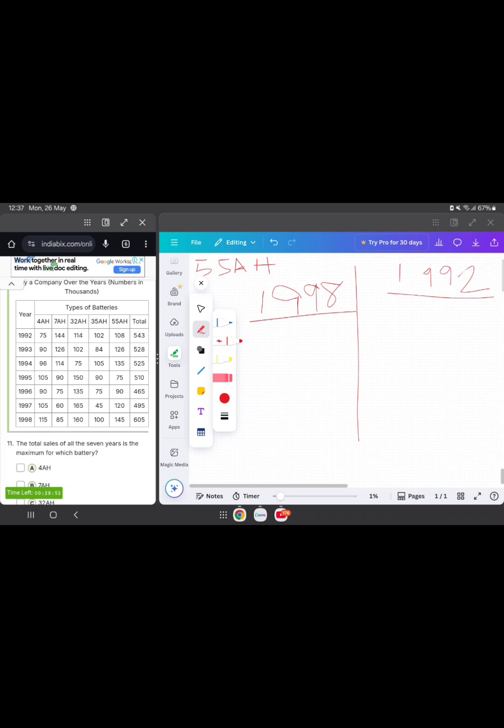So in 1992 we had sales of 108. Sorry, there's something wrong with my writing too. And then for 1998 it is 145. So the percentage increase will be 145 minus 108, all divided by 108, taking 1992 as our base.